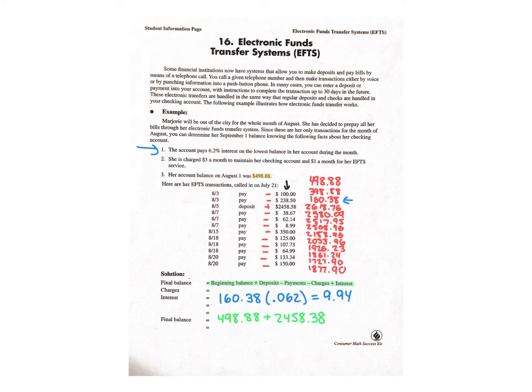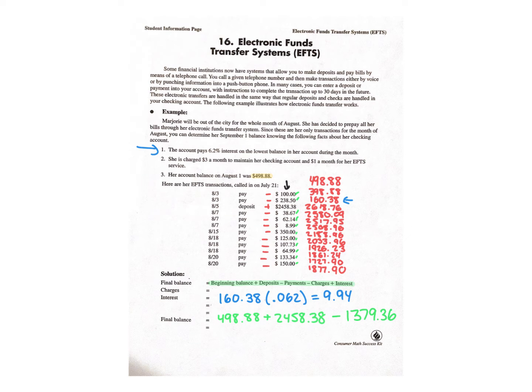So I am adding up all of these things that she paid. So the $100, the $238.50, the $38.67, all of these things are being added together. If I do that, I'm going to see that she paid $1,379.36.